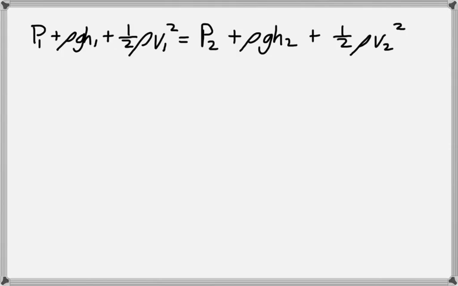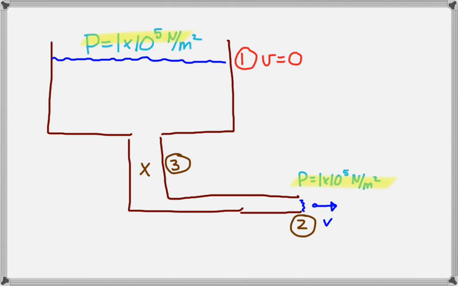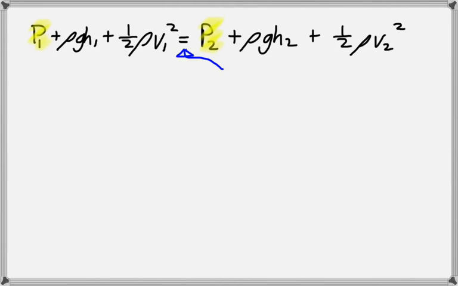Not yet. What do I need to get rid of first? You guys just told me that the pressures are the same. And so if you're adding the same pressure to both sides, then you should be able to just go ahead and cancel it out like that. So when you do that, don't just scratch it out. Scratch it out and indicate that it's because the pressure at both points is 1 atmosphere.